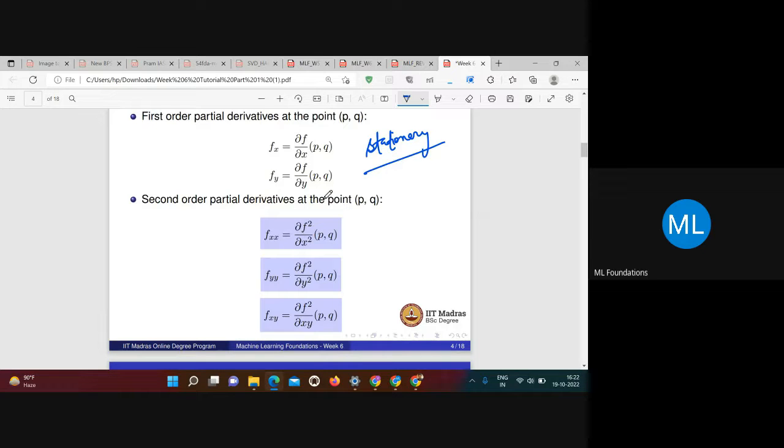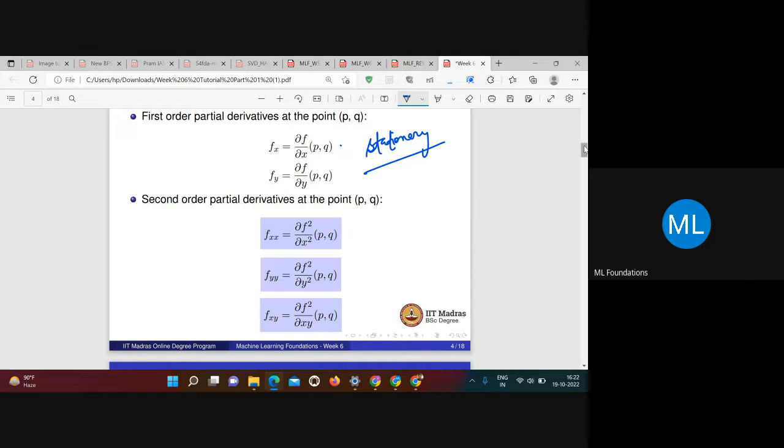You get two functions, equate them to zero, and because you have two variables and two equations, you solve and get the values of x and y. Those values are the stationary point, where the slope of that function is zero.